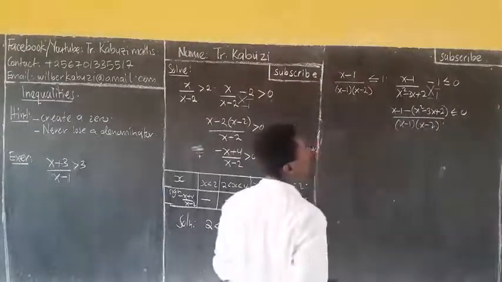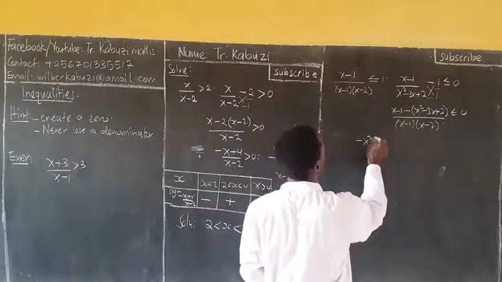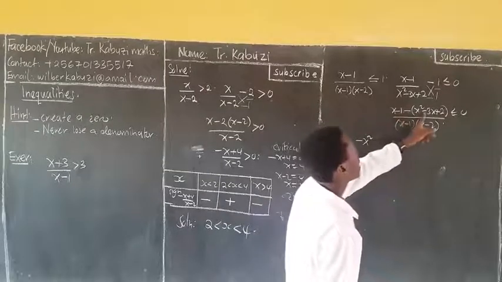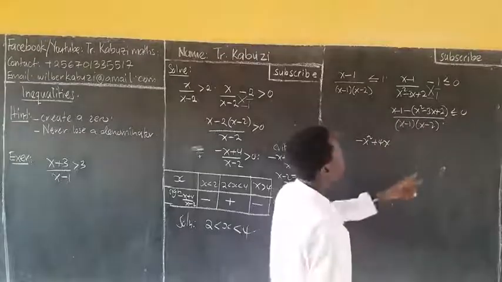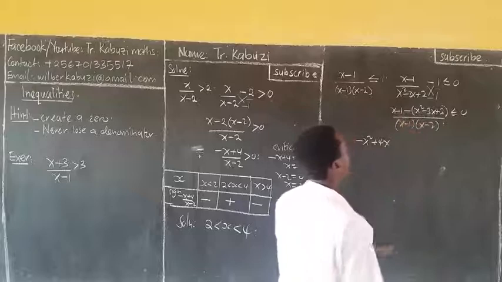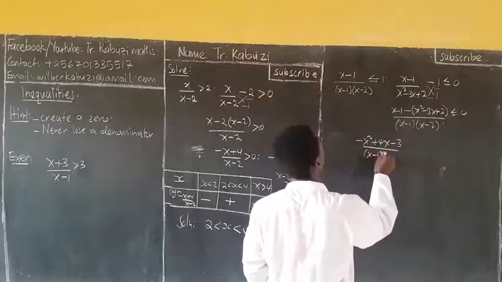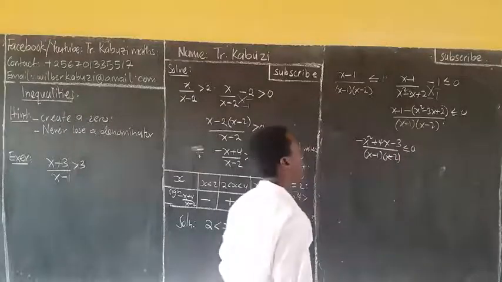If you simplify there, you see we shall be having negative x squared, then plus 3x plus this x, you get 4x, then minus 2x, minus 2, and this you get minus 3, all over x minus 1 into x minus 2, less or equal to 0.